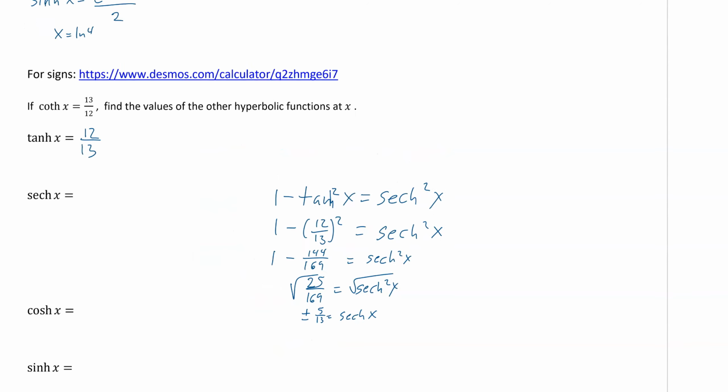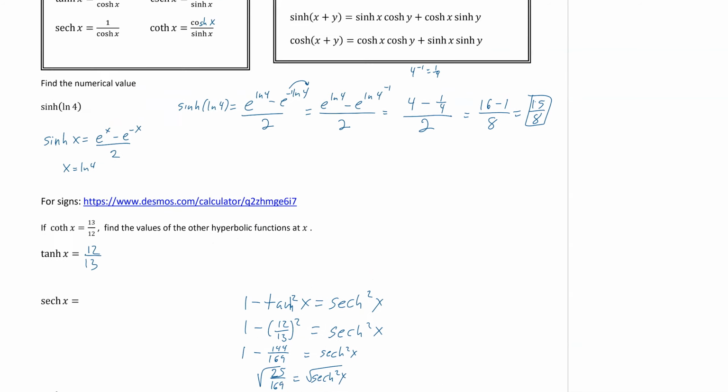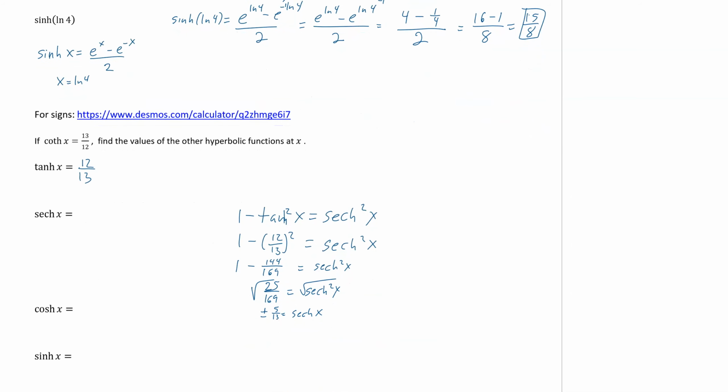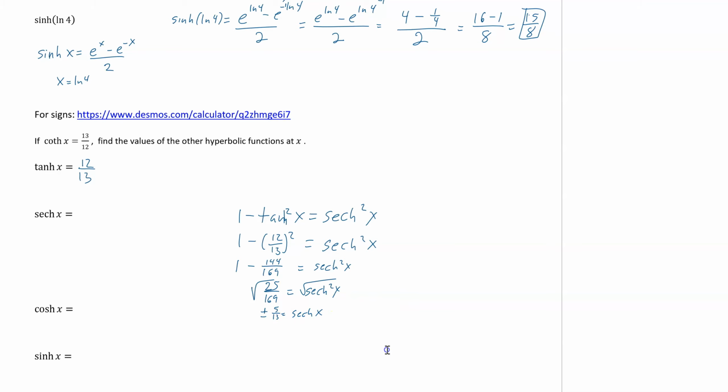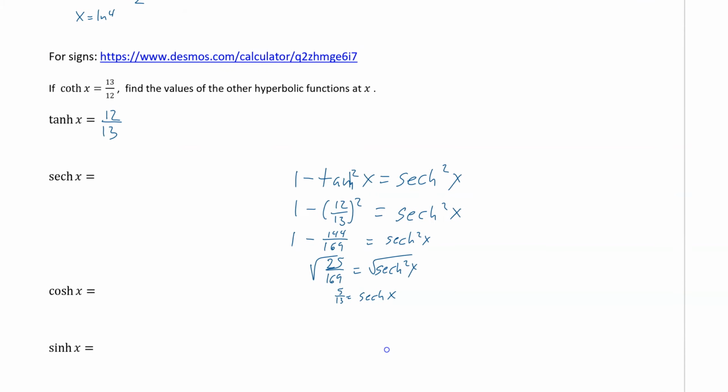Now, hyperbolic secant is the reciprocal of cosine. If you remember, the hyperbolic cosine is always positive, which means this is also positive because you're just reciprocaling it. So we get 5 over 13, and now we know the cosine is 13 over 5.